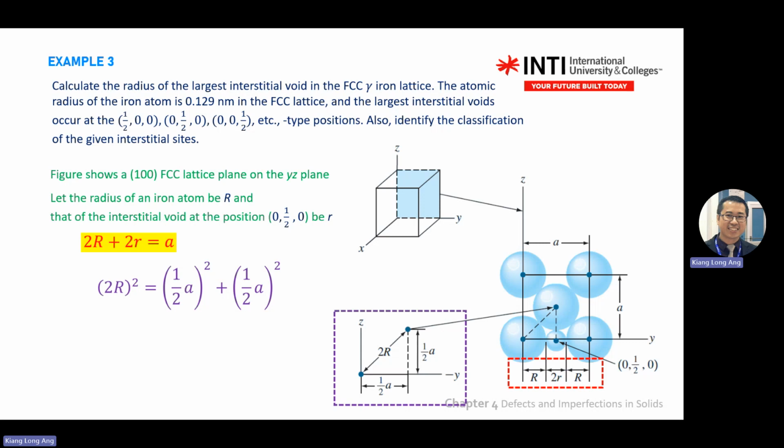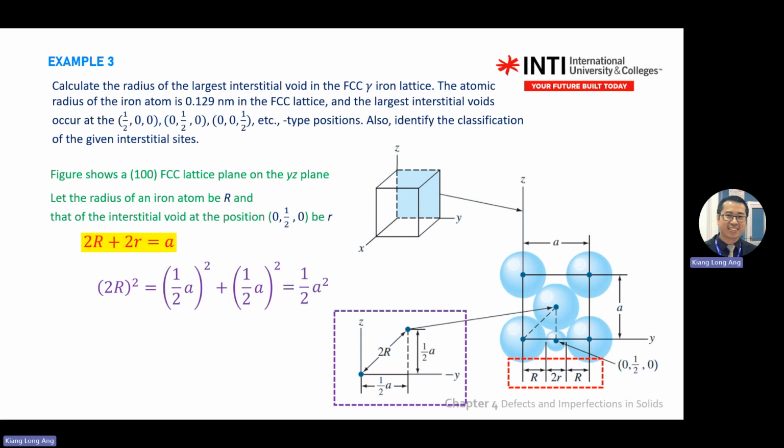Then this one is half a. Here to here is a, here to here is half a, here to here is 2R, the original host, R and R. So you have 2R, half a, half a. You write into the Cartesian plane: 2R squared equals half a squared plus half a squared.